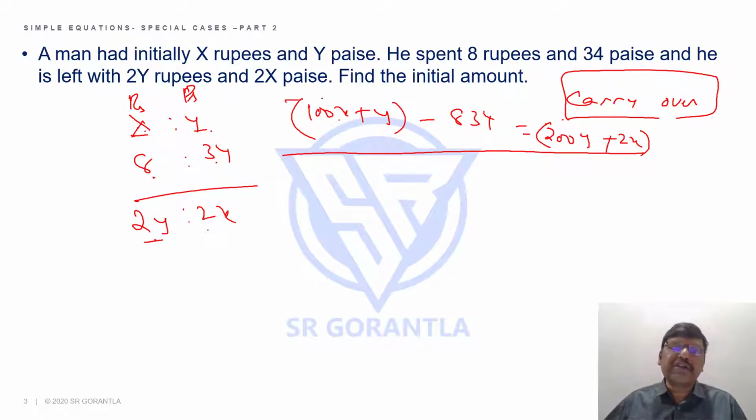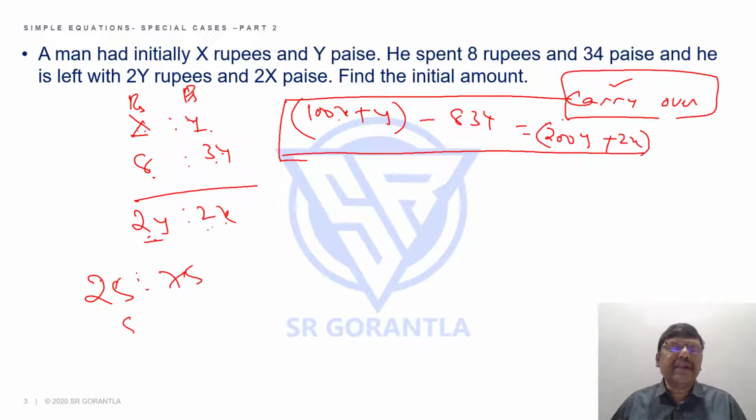Yes, this is the conclusion they made, but we can solve it because of this concept. Students, x rupees and y paise he had, 8 rupees and 34 paise is spent, 2y rupees and 2x paise is left. Suppose I have 25 rupees 75 paise and I spend 8 rupees 34 paise, just as an example. 75 minus 34, 41 I am left with. 25 minus 8 is 17.